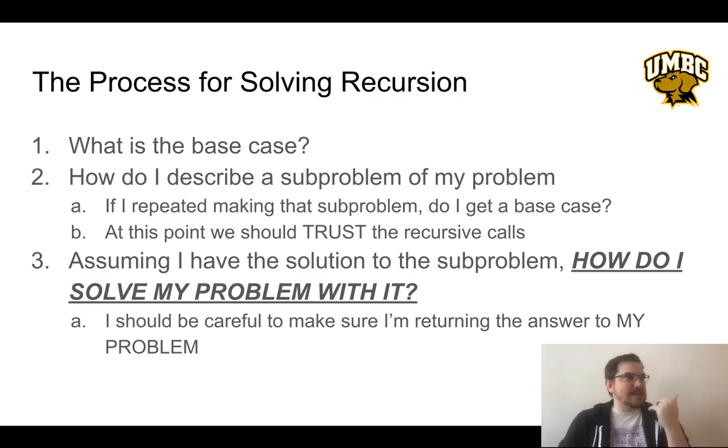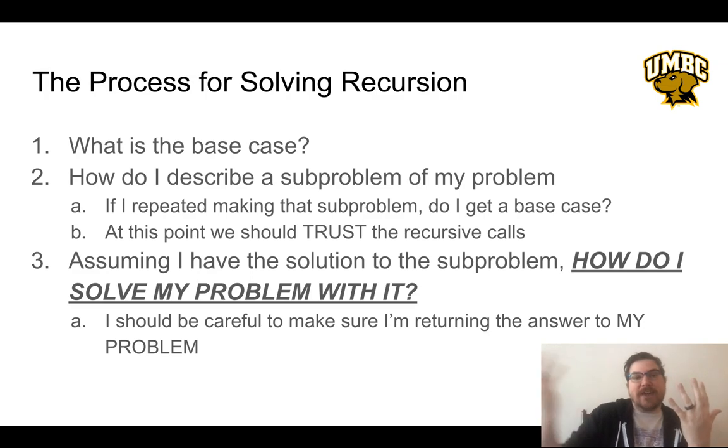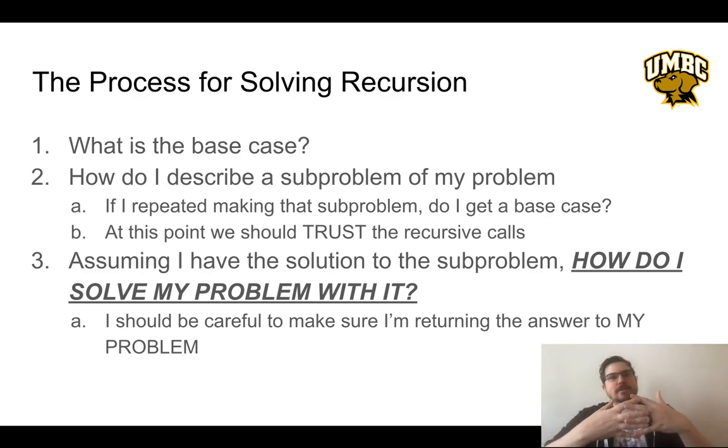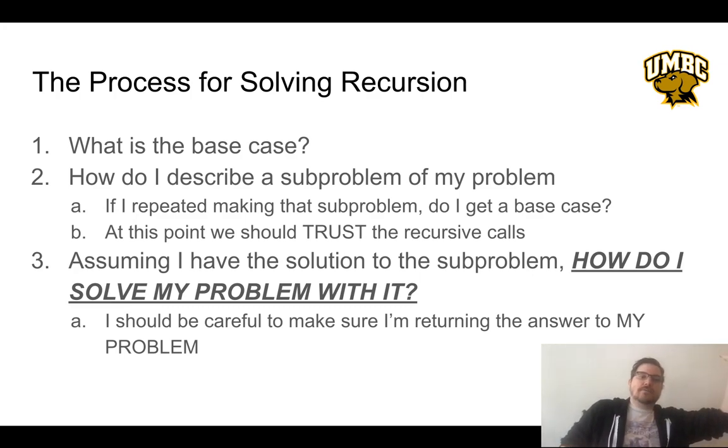So if I was asked for factorial of 582, I'm going to ask my clone to compute the factorial of 581. Which means I have 582 still, and then I have 581 factorial coming back from my clone. And I have to figure out, well, how do I take the solution to that smaller problem and combine it with the solution to my little problem to get the solution that I'm going to hand back, right?